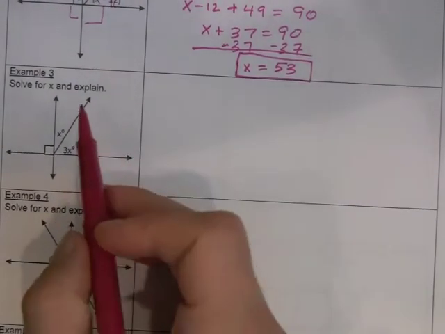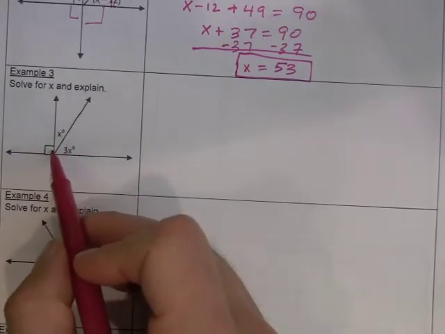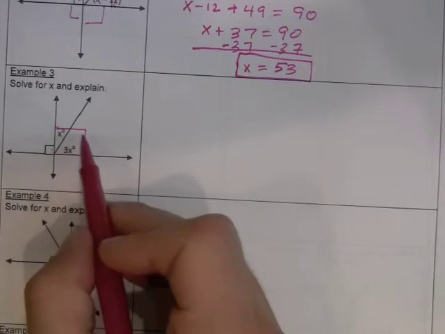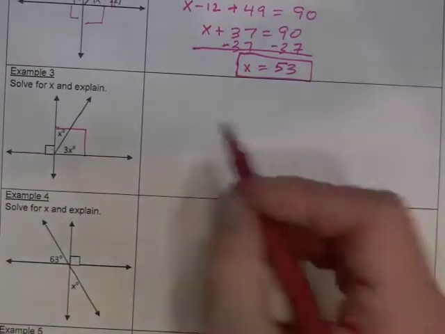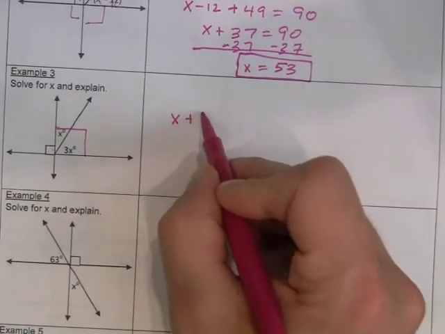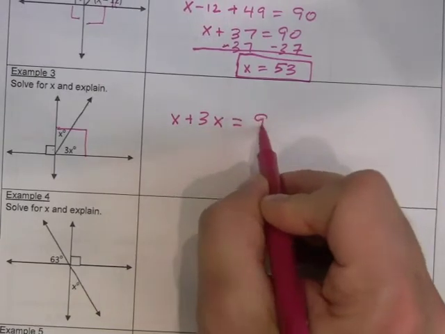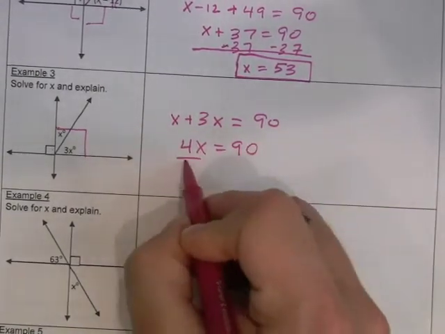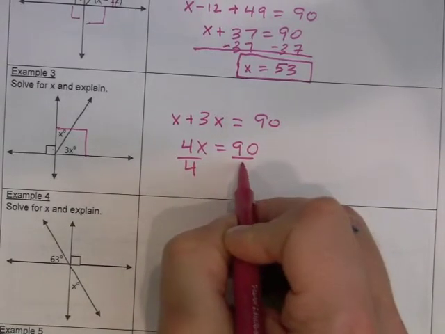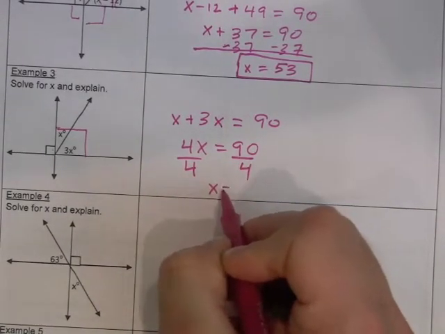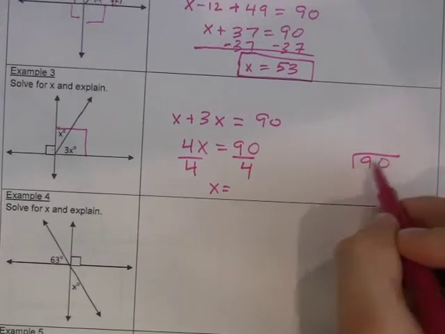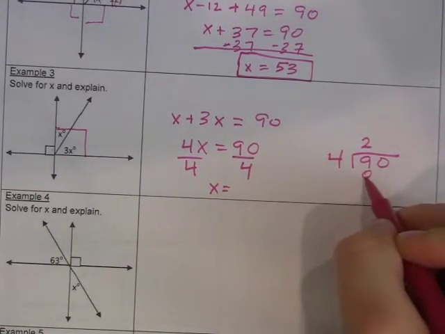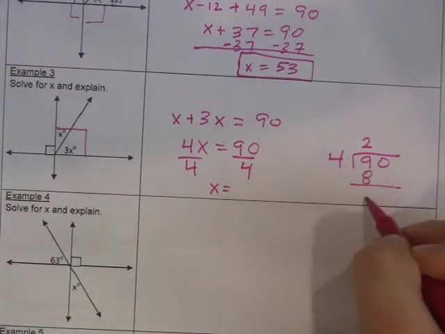So as we look at example 3 here, we notice that again this is 90 degrees, so therefore this whole thing here has to be 90 degrees. So you can do x plus 3x equals 90. So 4x equals 90. When we divide 90 by 4, we'll do that division there because it will be a decimal. 4 goes into 9 twice, which is 8, remaining 9 minus 8 is 1.